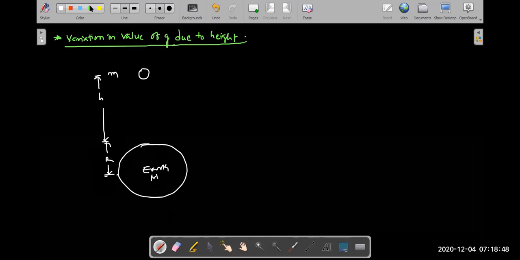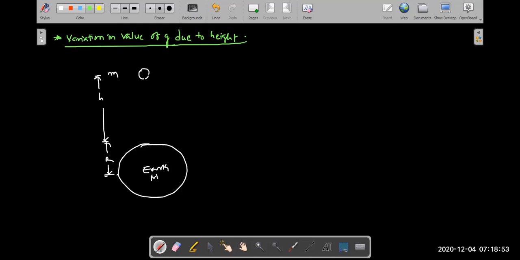Definitely this will experience some acceleration due to gravity. It was supposed to be experiencing a force Fg, so because of this, it will be experiencing some acceleration g downward.